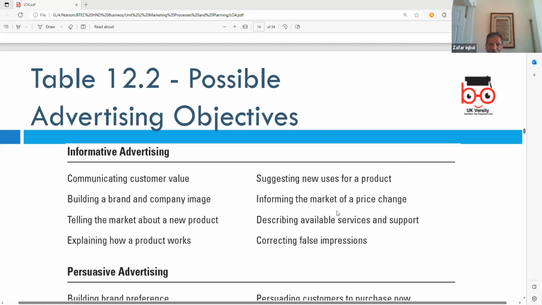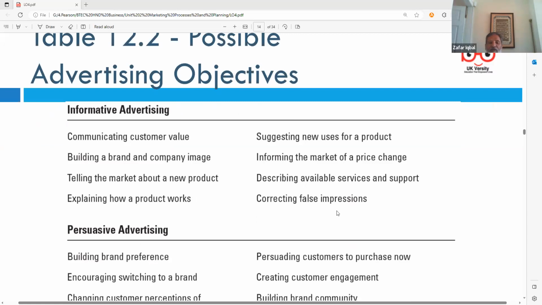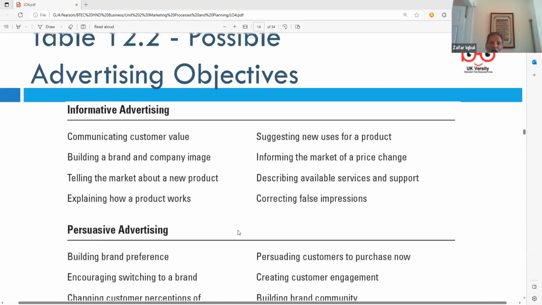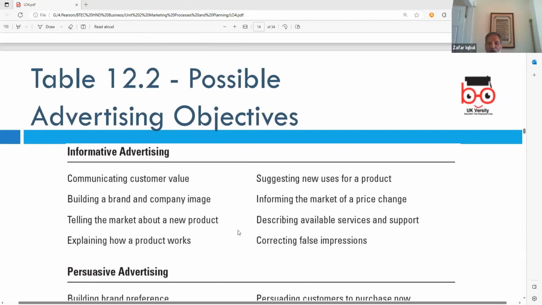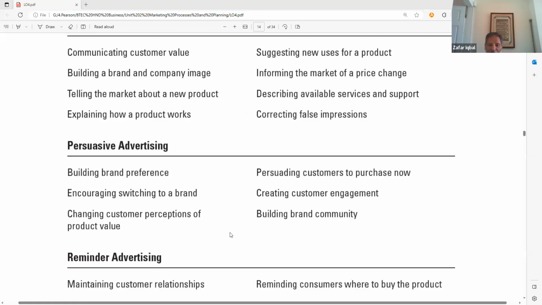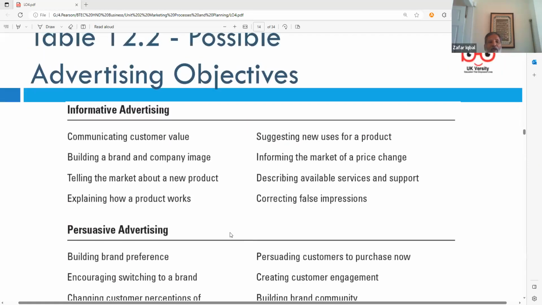Now, the possible advertising objectives are: number one, you need to be able to inform people; the second objective is to persuade people; and the third one is to remind people. In other words, your advertising should be informative, persuasive, and should remind people of the relationship. So when we are talking about the objective of informing, it should be built upon a company image.